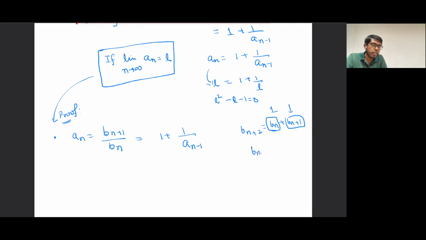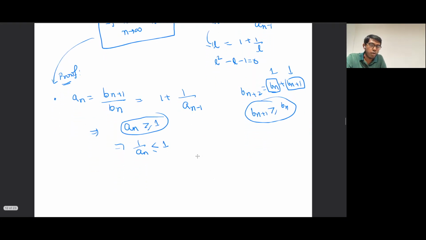So clearly b_n plus 1 is bigger than b_n. And therefore, this says that a_n is bigger than 1. Okay. So this implies 1 by a_n is less than 1. Now we'll apply this inequality. So 1 is less than or equal to a_n, less than or equal to 1 plus, this thing is less than 1, so 1 plus 1. So a_n is bounded by 1 and 2.